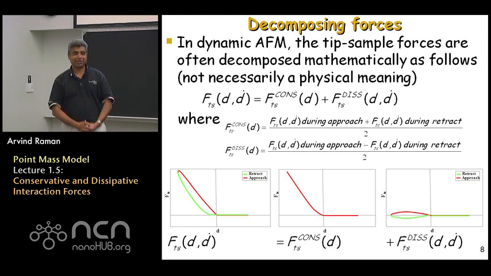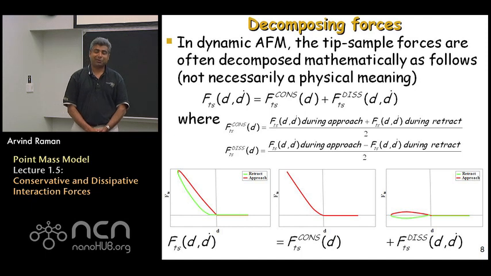So if I were to ask you a simple question, if you're doing a dynamic AFM experiment, what kind of tip-sample interaction forces are you going to encounter? And the answer is going to be non-conservative. In effectively every case, there's always some source of dissipation, some force that makes sure that the tip-sample interaction forces are not just dependent on position, but also dependent on velocity.